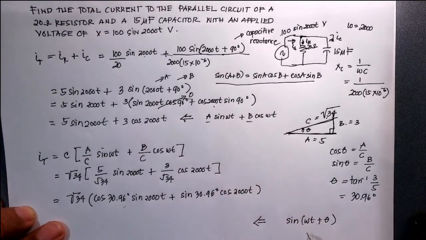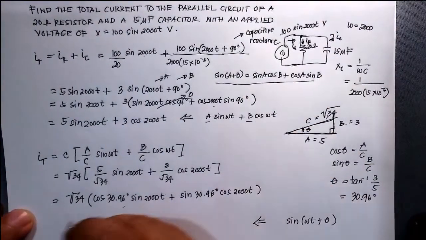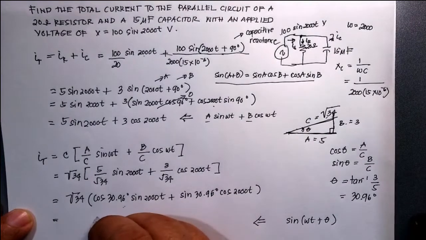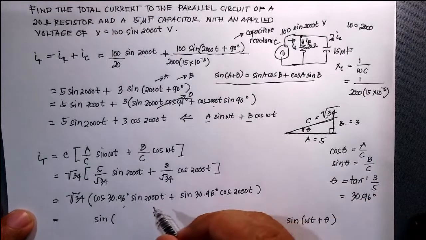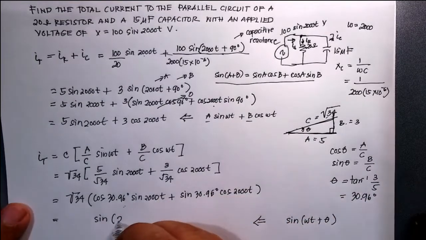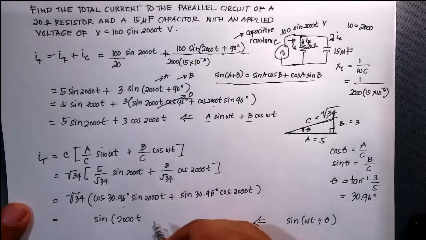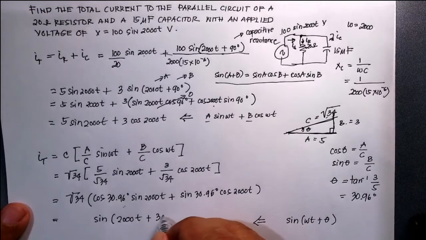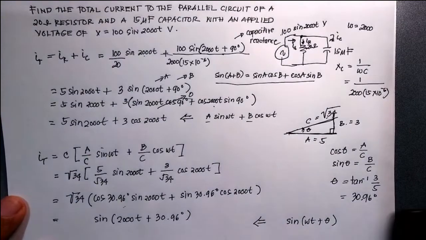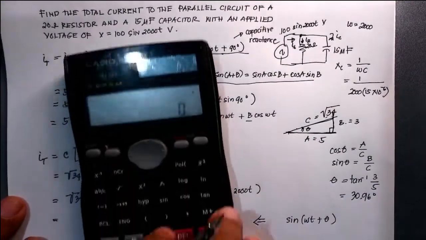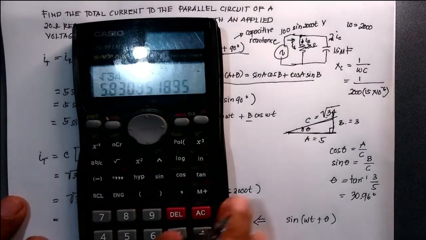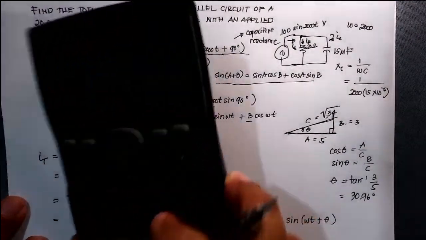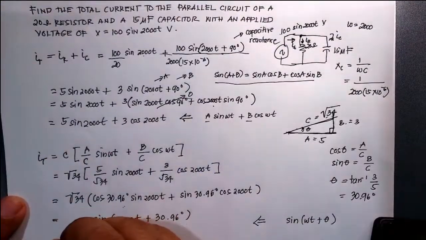So we can write it as sine of A plus B. So you can write it here, sine, what is our A? 2000t, and our B is 30.96 degrees. And the square root of 34 is equal to 5.83.